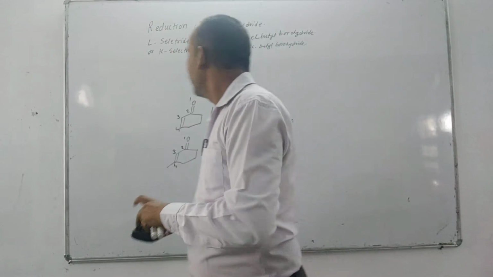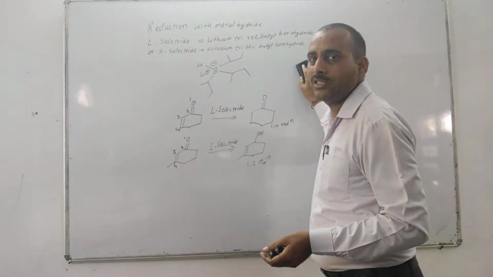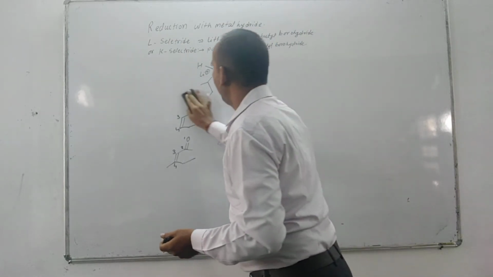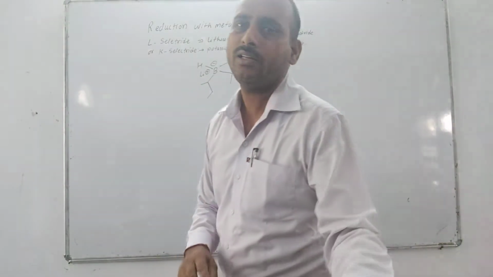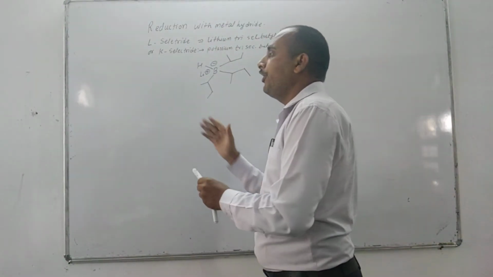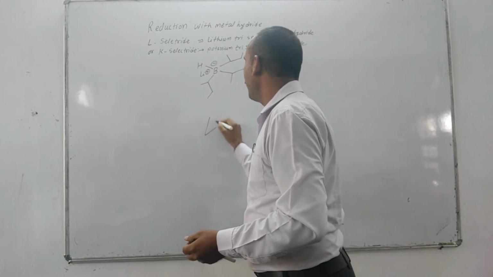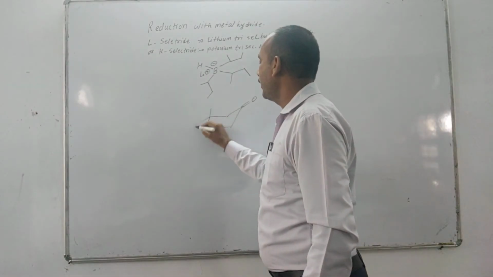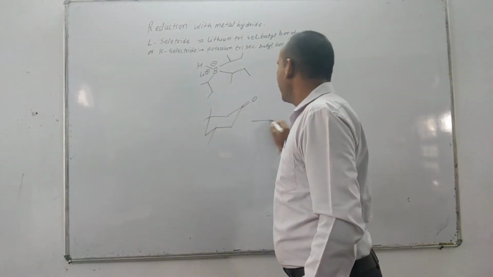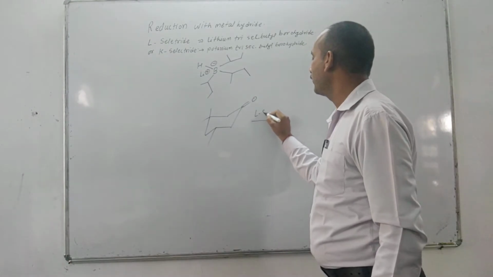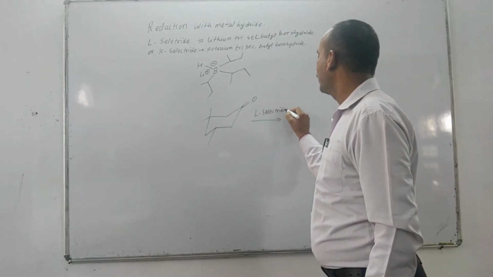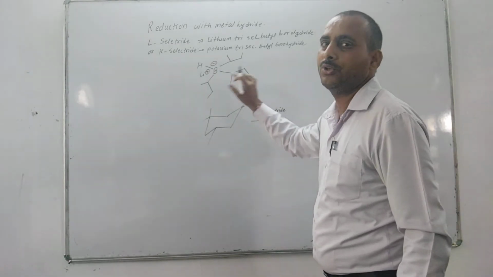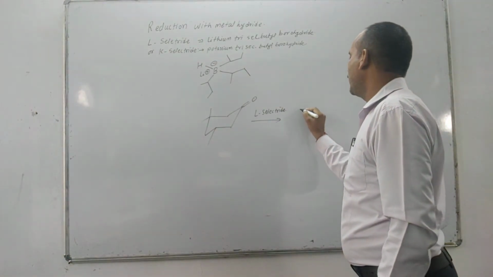Then next, for the six-membered ring, if there is a cyclohexanone, then the hydride attacks from the less hindered side, that means from the equatorial side. So let's see the example. Cyclohexanone with a substituent like this, then with L-Selectride or K-Selectride, the hydride attacks from the equatorial side and the OH goes to the axial position.